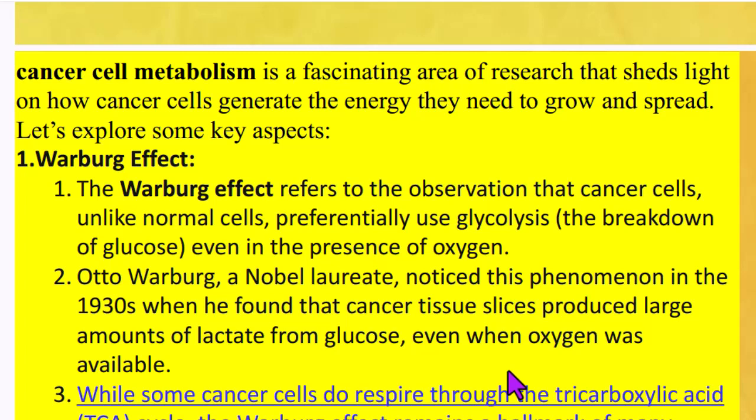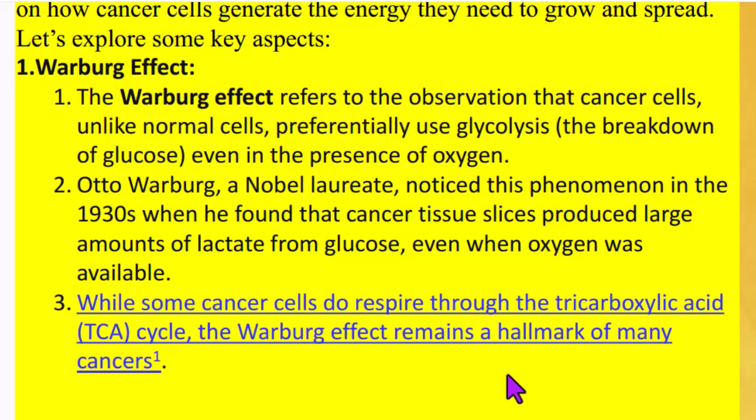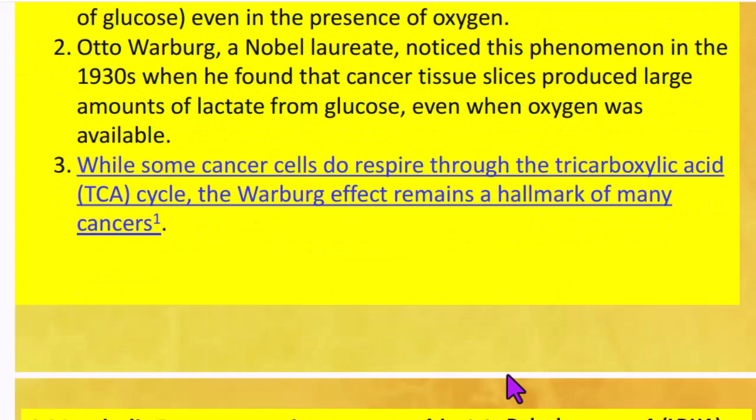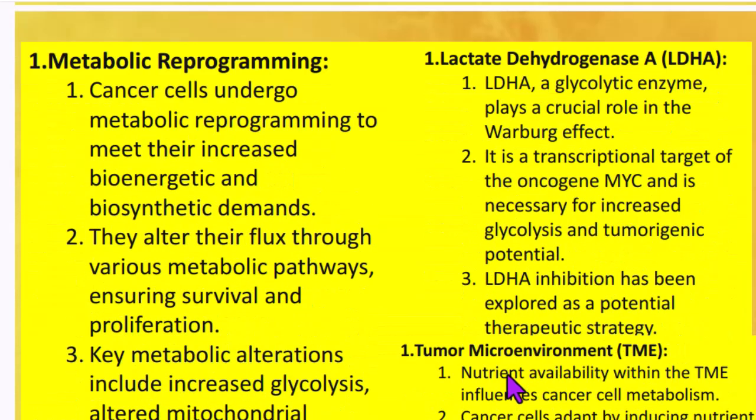Otto Warburg noticed this phenomenon in the 1930s when he found that cancer tissue slices produced large amounts of lactate from glucose even when oxygen was available. While some cancer cells do respire through the tricarboxylic acid cycle, the Warburg effect remains a hallmark of many cancers.